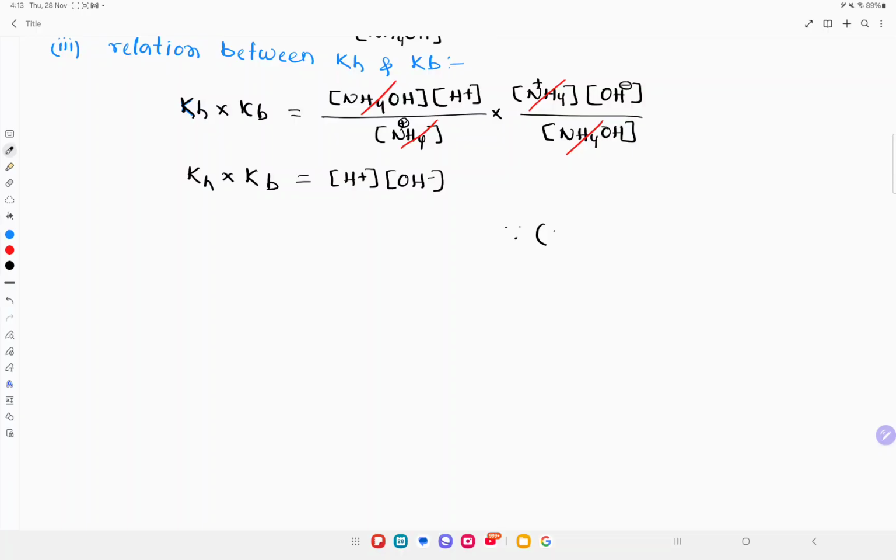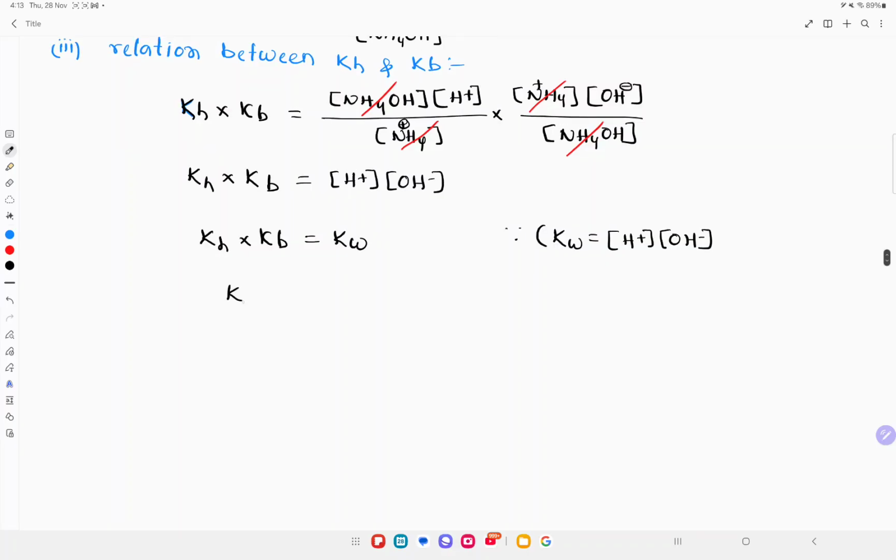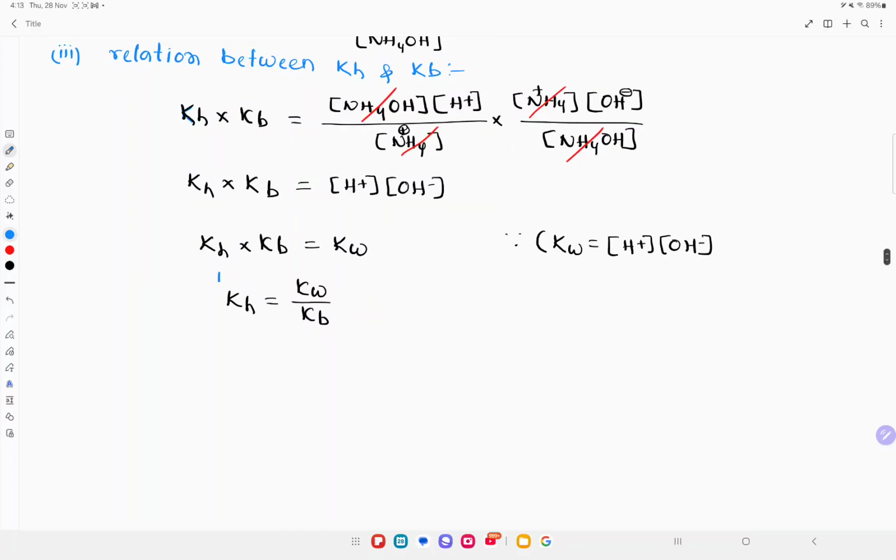Since Kw is equal to molar concentration of H plus into molar concentration of OH minus, we can write like this: Kh into Kb is equal to Kw. From that, Kh is equal to Kw by Kb. So this is the relation between Kh and Kb.